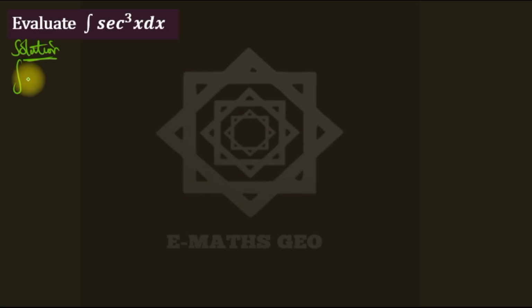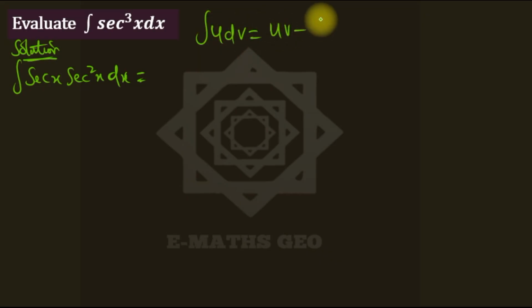You know that sec cube x can be written as sec x times sec squared x, because for us to use integration by parts, we need to have a product. I'm using the formula for integration by parts: the integral of u dv is equal to uv minus the integral of v du.